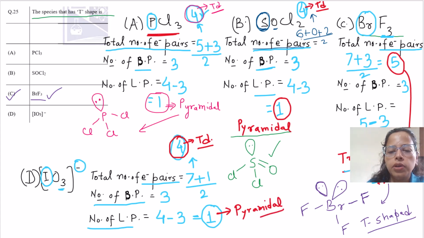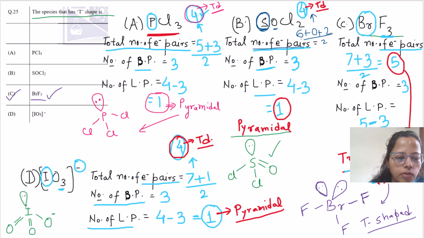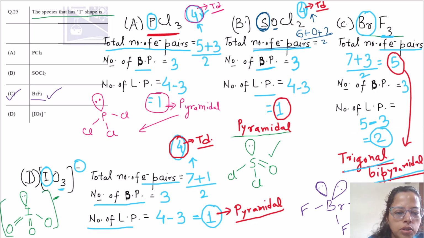So we have trigonal pyramidal geometry for IO3 minus as well, where we have this kind of structure. The lone pair is on top of that tetrahedral structure, and then we have 2 double bonded oxygens and a single bonded oxygen. The charge on the molecule is minus 1, so we can put it outside the brackets, and we have 3 bonded oxygens in a trigonal pyramidal shape.